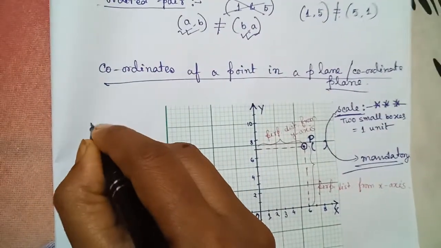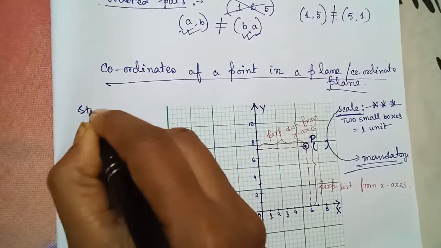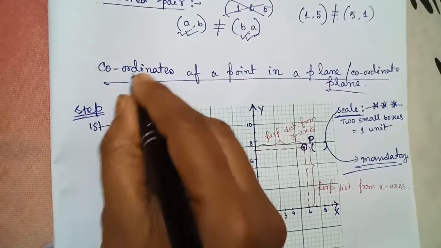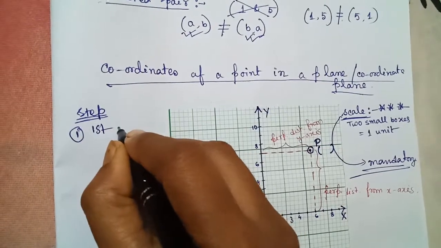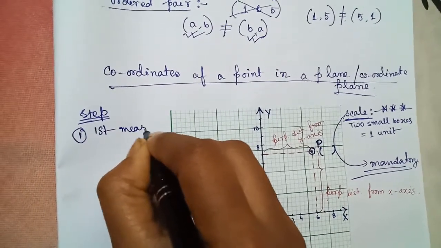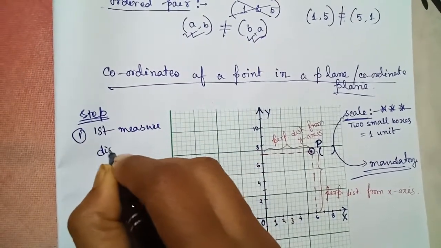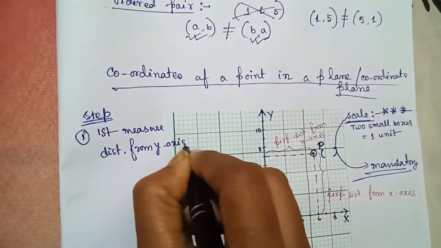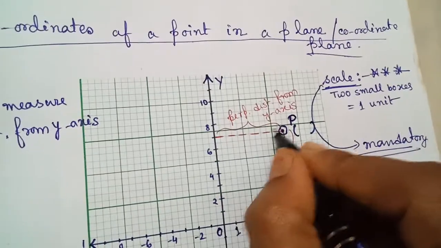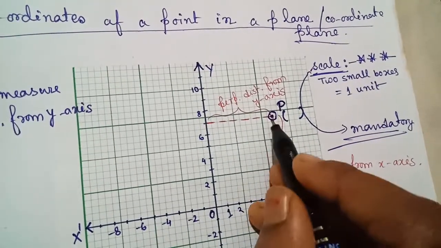I'm writing here the steps for finding coordinates. Number 1, first measure the distance from the y-axis. So what is the distance?